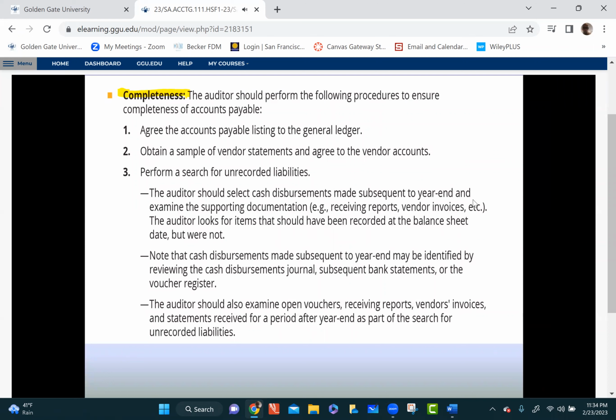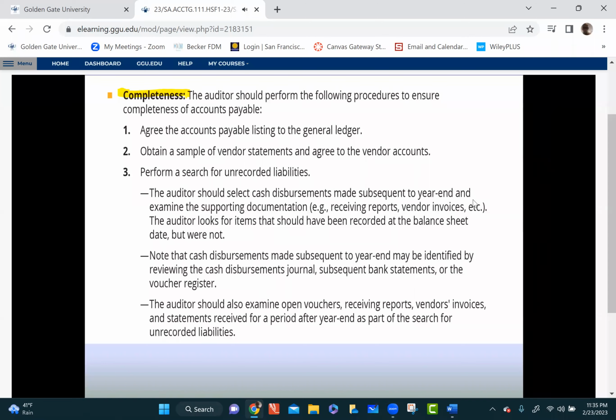If they leave off liabilities, they'll be understating their expenses, so their net income will look larger. So there's a higher chance that somebody's going to overpay for some sort of investment, stock, or a loan, and then they're going to come after the auditors for missing the completeness assertion.